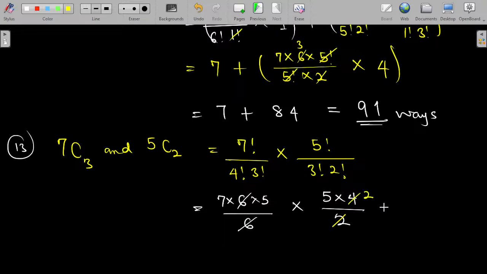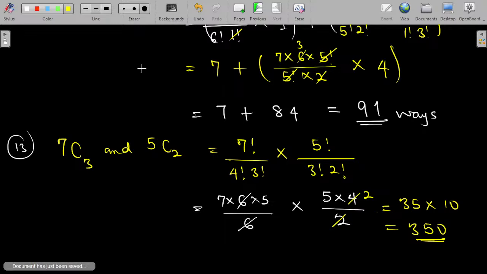Which is going to give us 7 times 5 is 35. And so you have 35 times 5 times 2 is 10. So 35 times 10 will give us 350 possible selections.